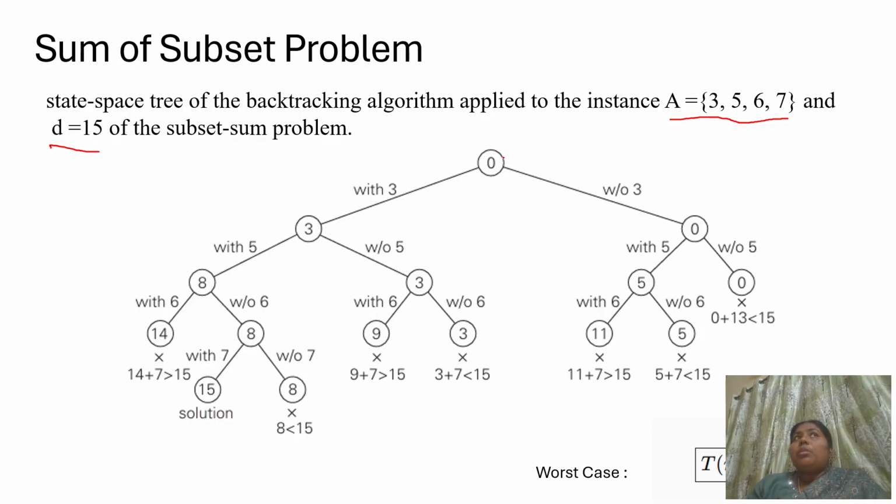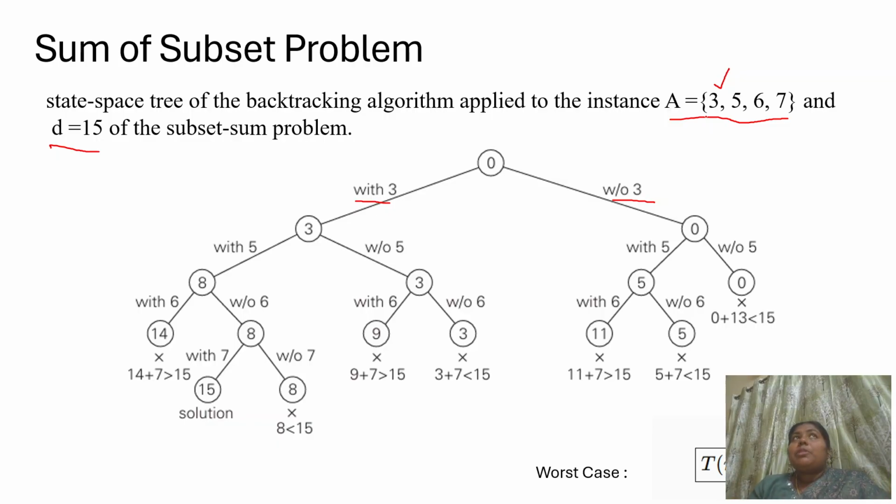So what I told is that we are considering a state space tree. It has a left child as well as a right child. What is the left child? It is the inclusion of the first element, and this one is the exclusion of the first element. What is the first element? The basic thing we have to do is first sort all the numbers in ascending order.